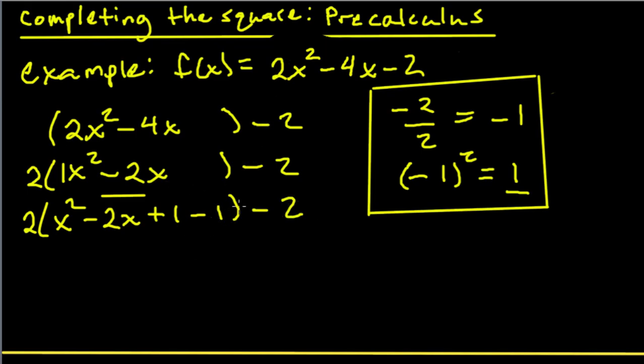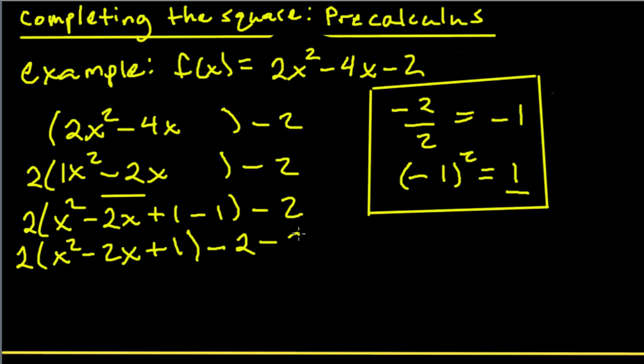Last time, we just took this negative and brought it to the outside, but our coefficient was 1. Now it's 2. So instead, we always leave the positive inside, and when we take this negative 1 out, we have to multiply it by the coefficient, which is 2. So instead of negative 1, it's negative 1 times 2, which is negative 2.